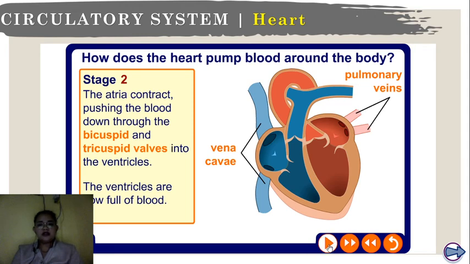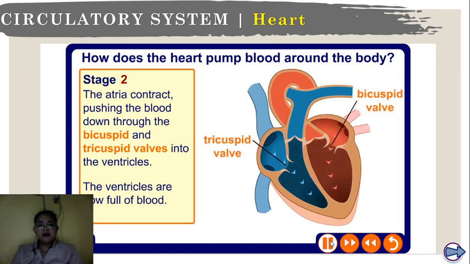Pag na-receive na ng dalawa, mag-open si tricuspid at saka si bicuspid, pero this time, makikita nyo na sarado yung parehas ng semilunar valve. Dahil puno na ito, kailangan niya nang i-release. So, tatanggapin naman siya ni ventricles. So, once na ma-full yung blood ng ventricles, magko-contract ulit siya. Okay?